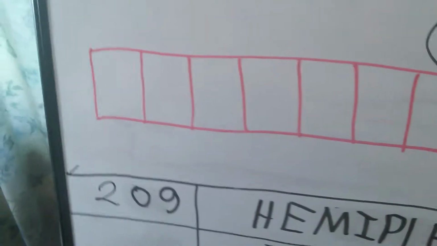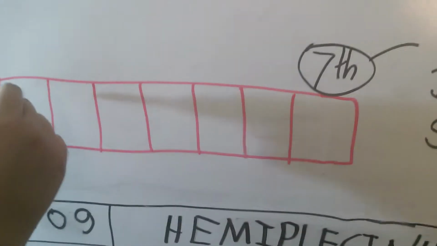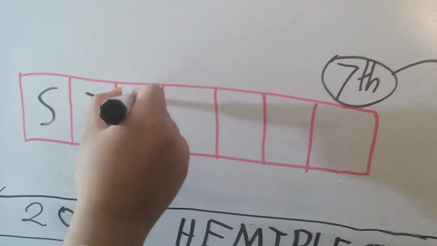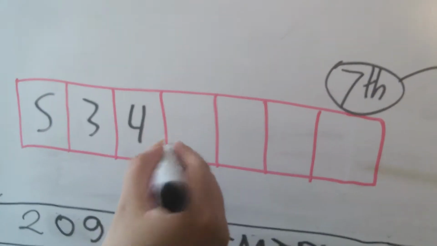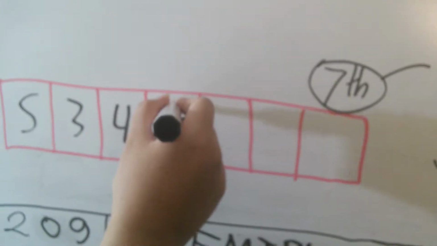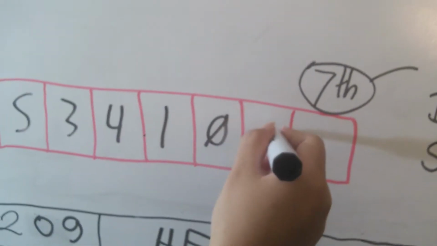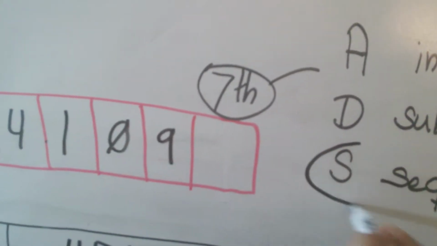Now for the injury. Okay. S34.109, right, that's the code that we have, plus the 7th character that we choose from this table, which will be the sequela.